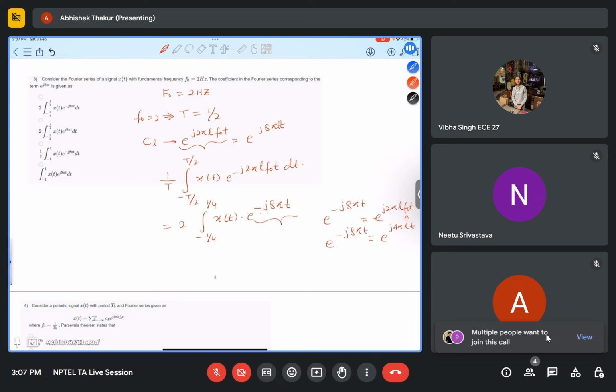So the value of L from here: 4 pi L t is equal to 8 pi t. So L is equal to 2. Okay. So for this the correct option is this one. So option number B is the correct option for this question.